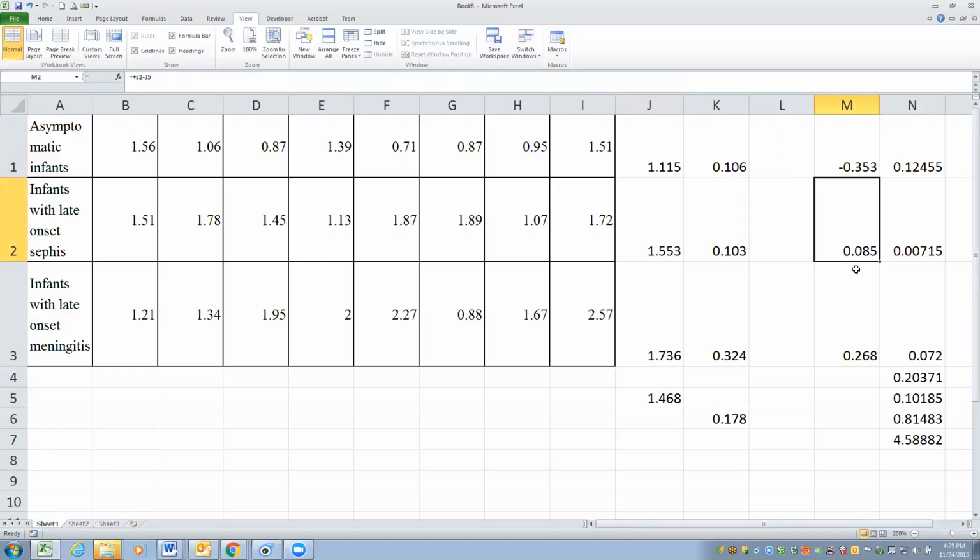And I'll do that for each one of them. I then squared all of those values. So these represent the sample averages minus the overall average, quantity squared. I add all those up. I then divided by the number of categories minus 1, which would be dividing by 2. To get S sub B squared, I then multiply that value times the number of observations in each row, which was 8. And then my test statistic is taking this 0.81483 and dividing it by the 0.178, and it gives me 4.5882.